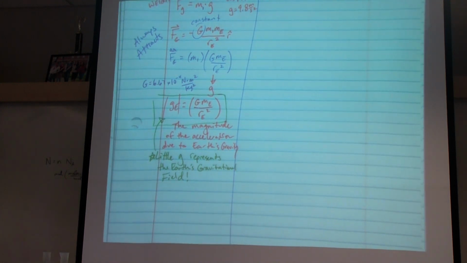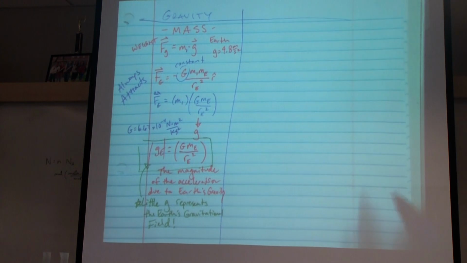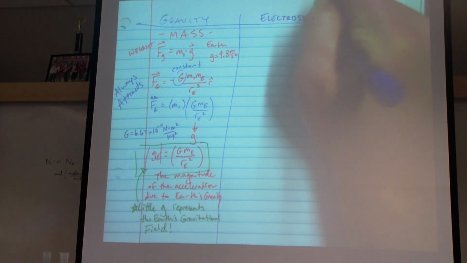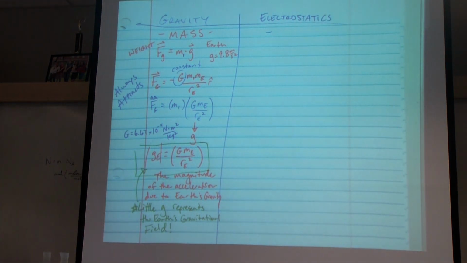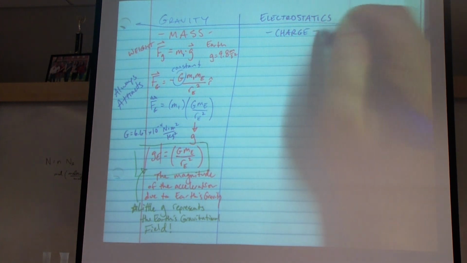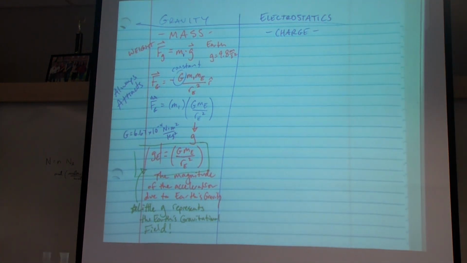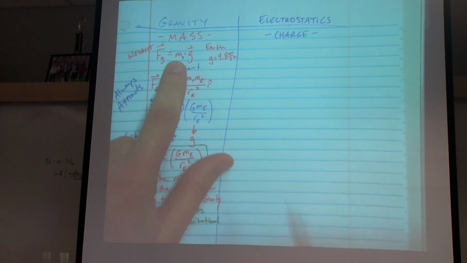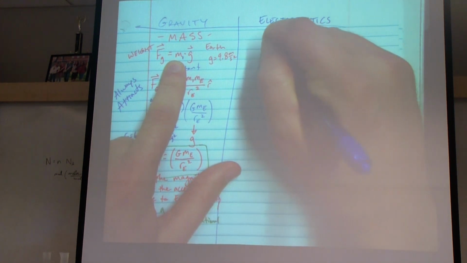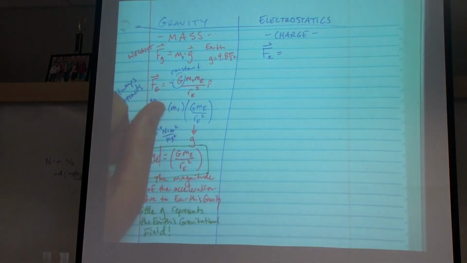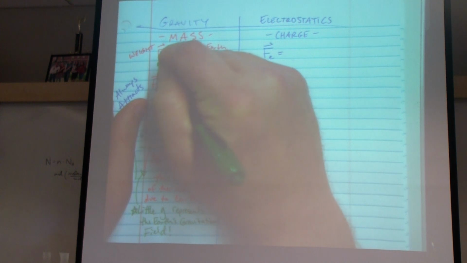Now, let's look at what we have on the other side here. We have electrostatics. Electrostatics depends on a fundamental property of matter called charge. And we are going to introduce a very basic force that's going to look like this. Fe equals, and I would write it like over here, 1 and E maybe.